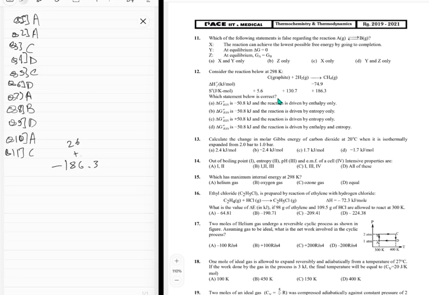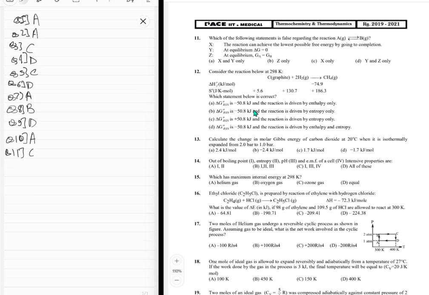So 267 minus this, which is okay. All you need to know is that it's positive. So the left hand side was more entropically favorable, which means the right hand side is less entropically favorable, and still it's happening, so it's just enthalpy driven. It's driven by enthalpy only.